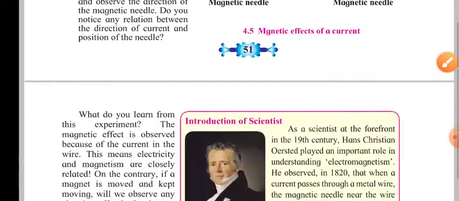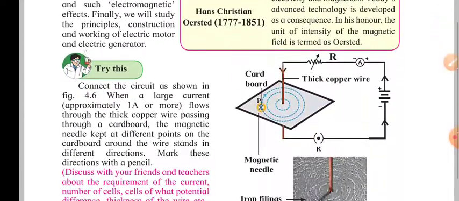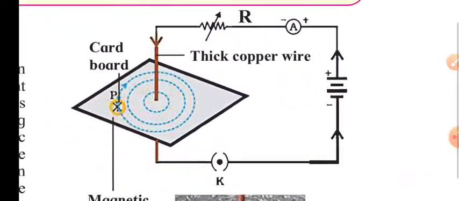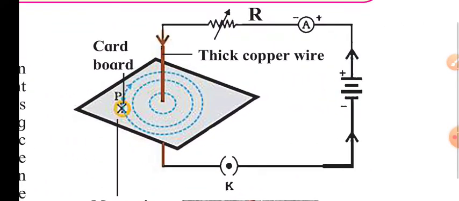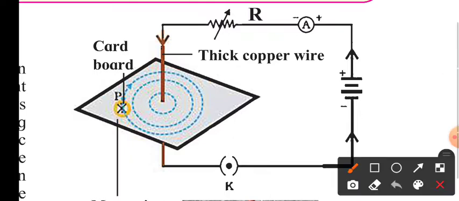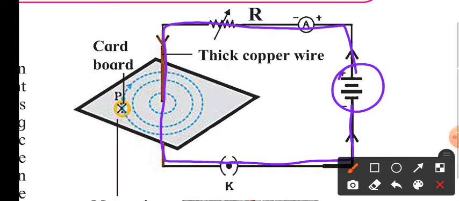Now, one more experiment which we also have in practical sessions. In this, we have the conducting wire connected through the key, the rheostat and the power supply.